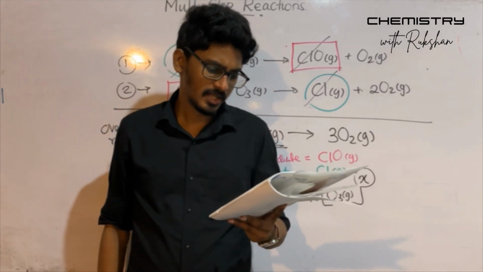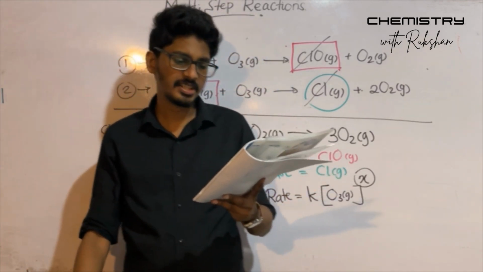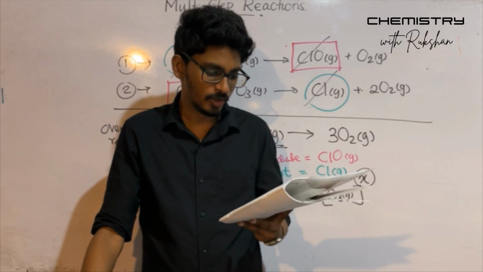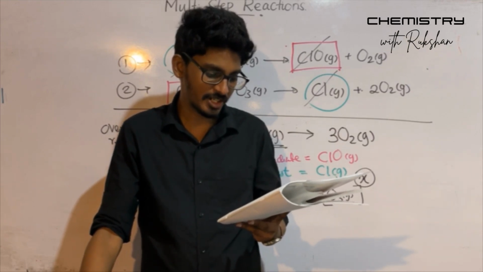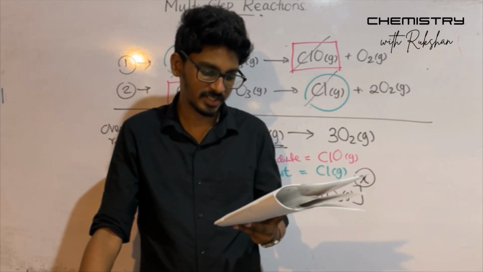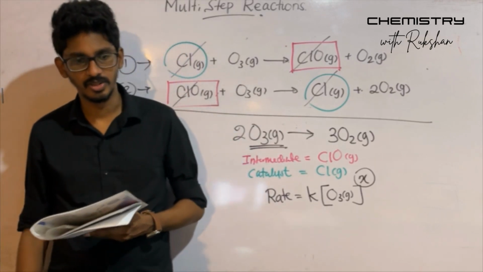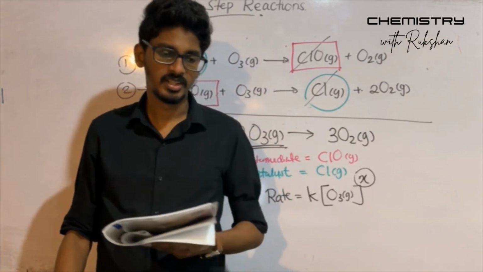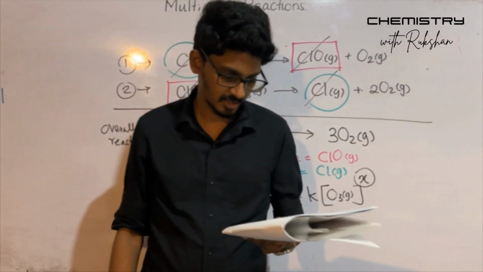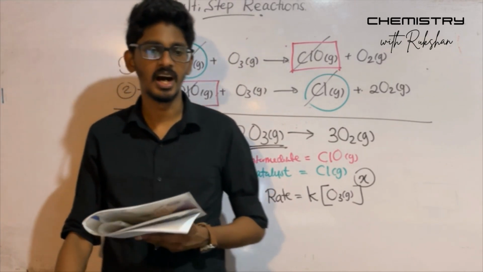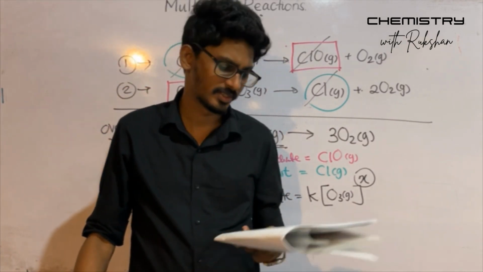Here, the rate of the overall reaction is determined by the slowest step, and so the slowest step in the reaction mechanism is considered as the rate determined step. Simply, we know it as the RDS, rate determined step, right?